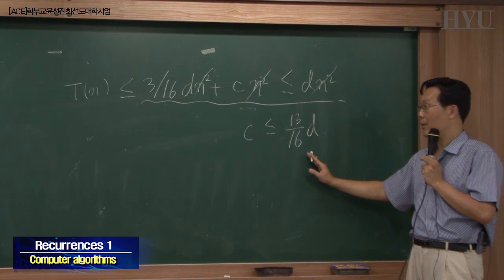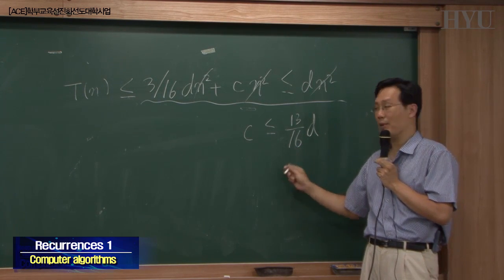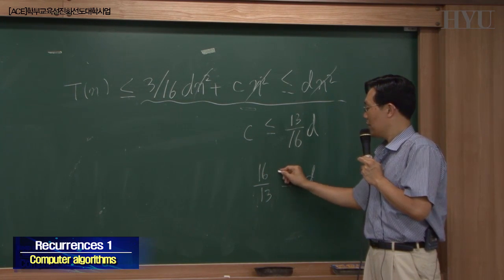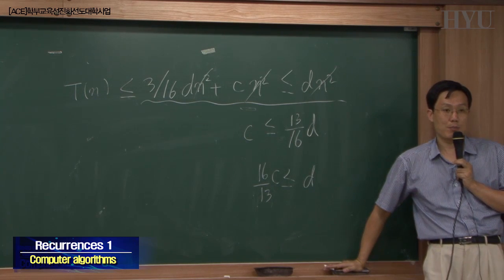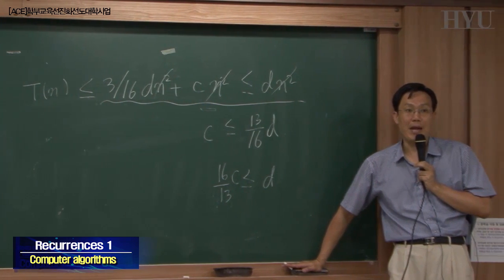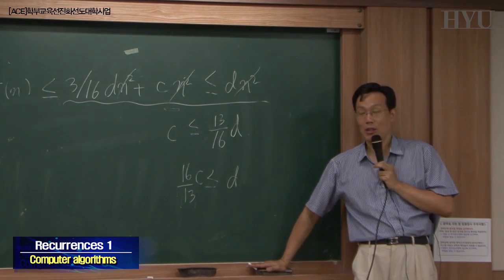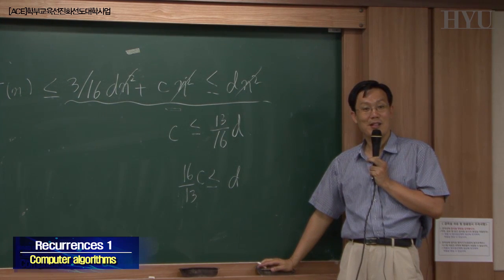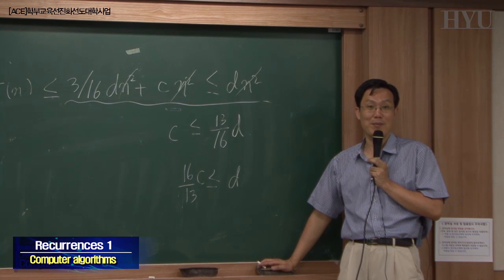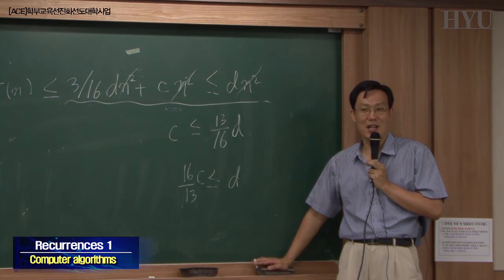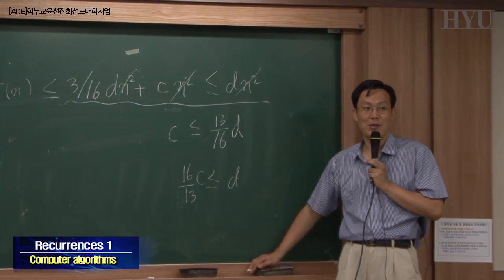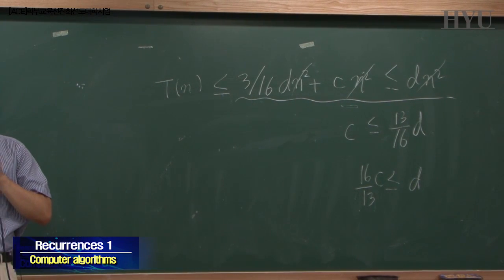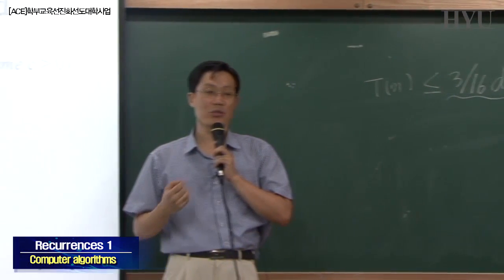Okay? But this is right, but I think this expression is better. Why? Do you see the difference between these two inequalities? As an inequality, they are the same, but their meanings are slightly different. What is the difference? So up to now, what should we determine?